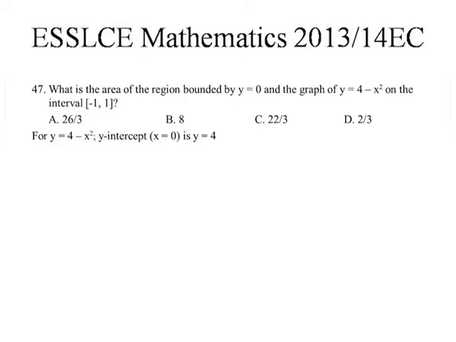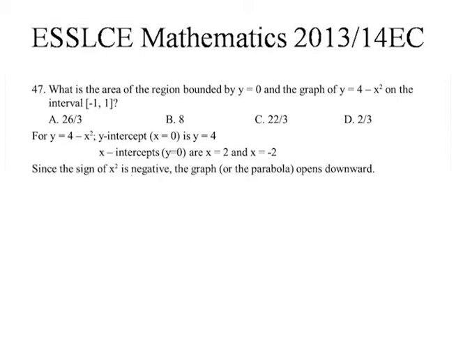For the y-intercept, x is equal to 0, y is equal to 4, or the ordered pair (0, 4). For the x-intercepts, y is equal to 0, x is equal to 2 or ordered pair (2, 0), and x is equal to -2 or ordered pair (-2, 0). Since the sign of x squared is negative, the parabola opens downward. Thus we have enough information to draw this graph.